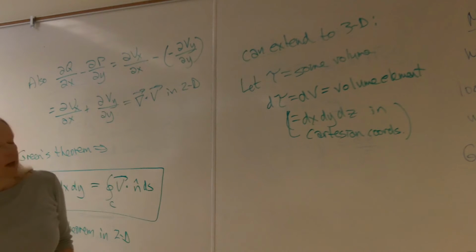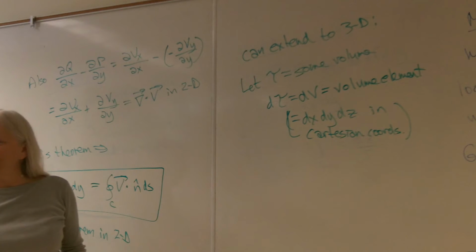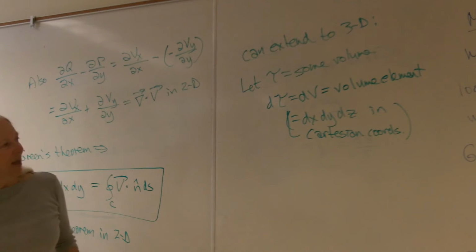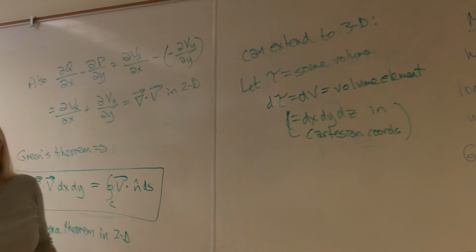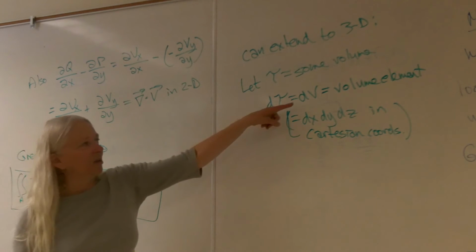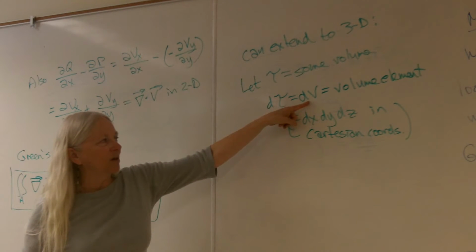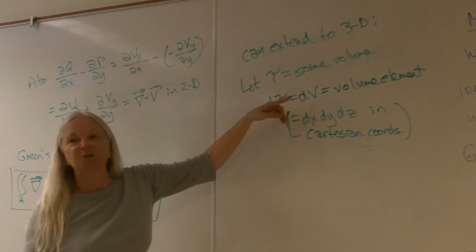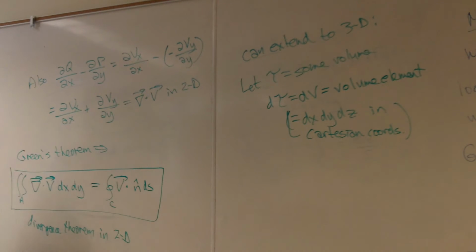In spherical coordinates, remember it would be r squared sine theta dr d theta d phi. And in cylindrical coordinates, it would be r dr d theta dz. So remember that if you're doing some other coordinate system other than Cartesian, this includes those scale factors that we talked about back in chapter 10.